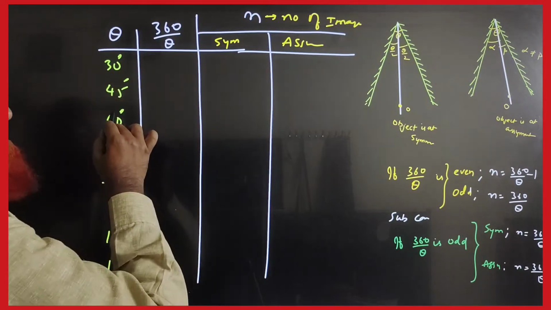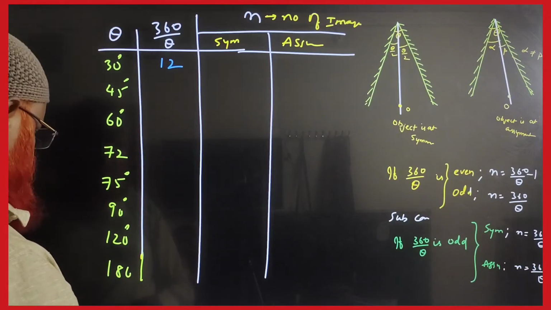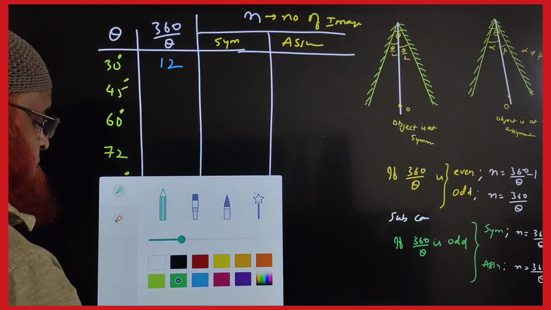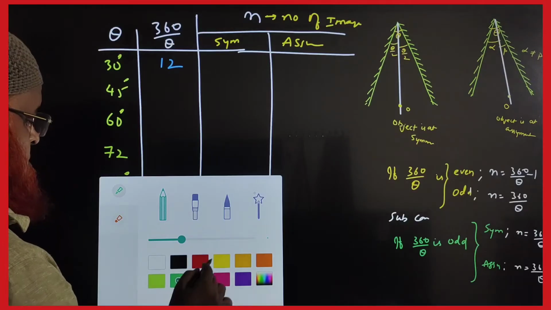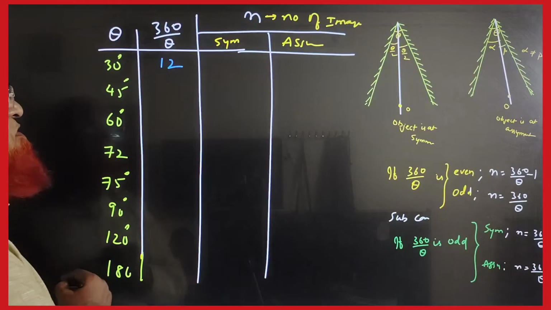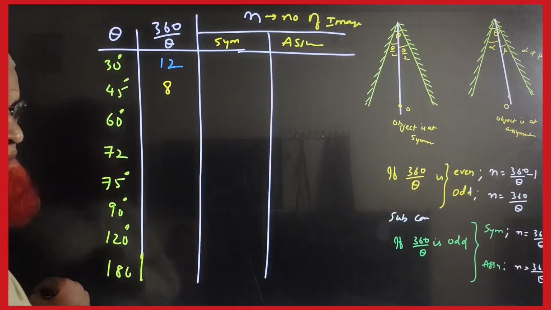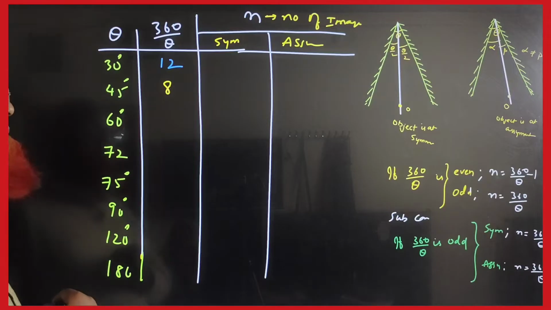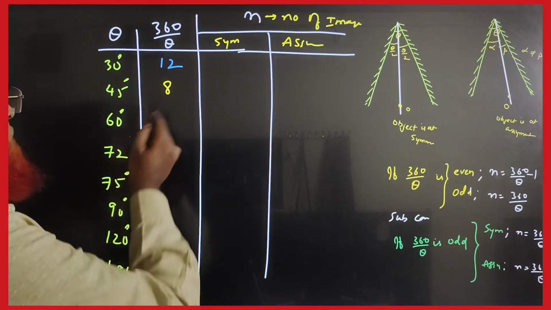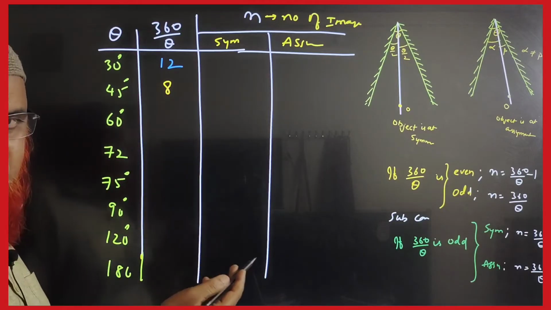360 by 30 means you'll get 12. 360 by 45 means how much you'll get? Is it 8? 8 5s are 40, 8 4s are 32, 32 plus 4, 36.